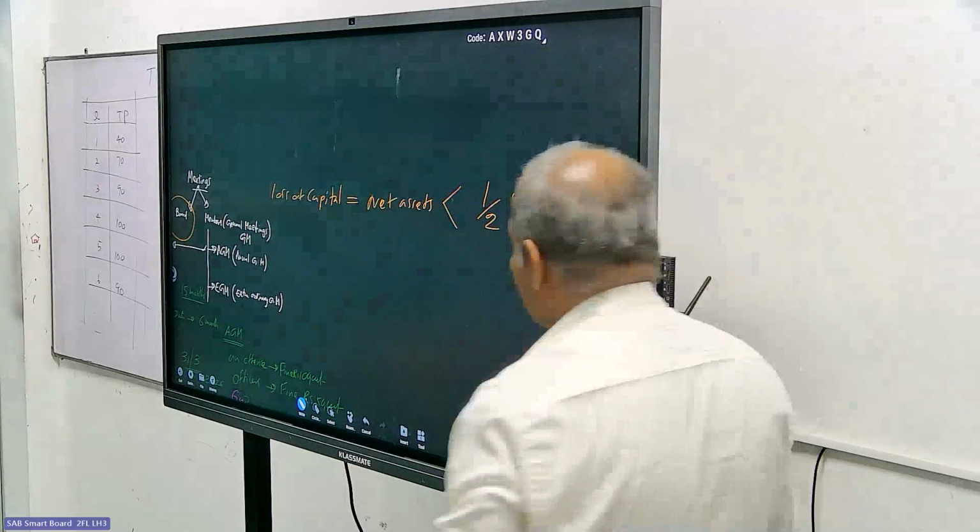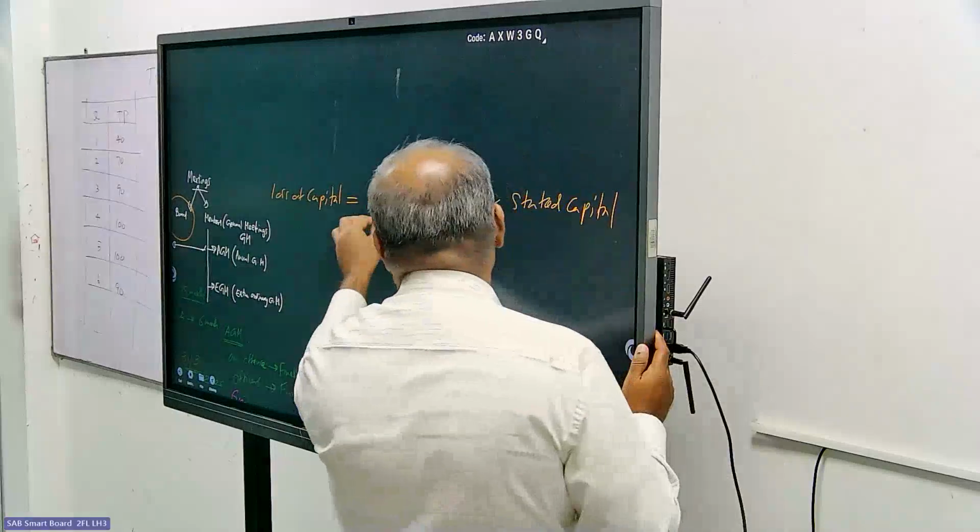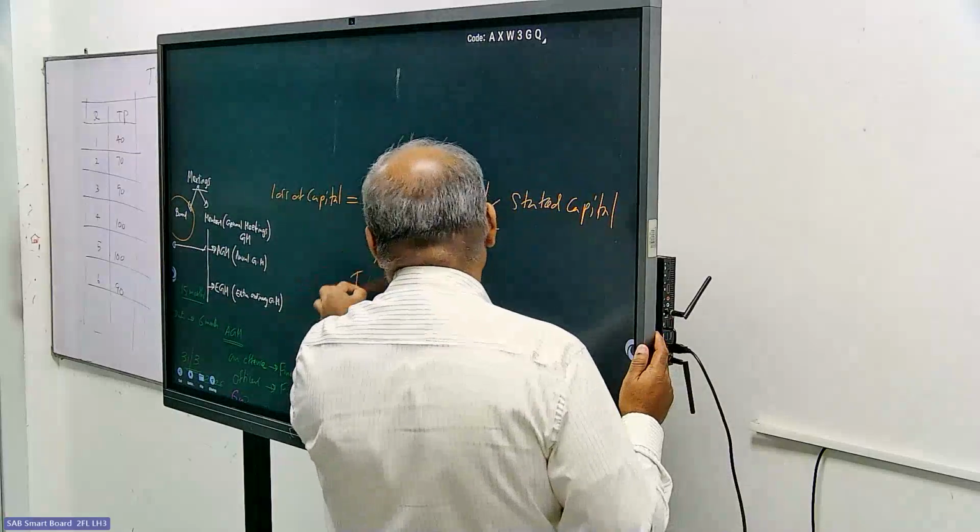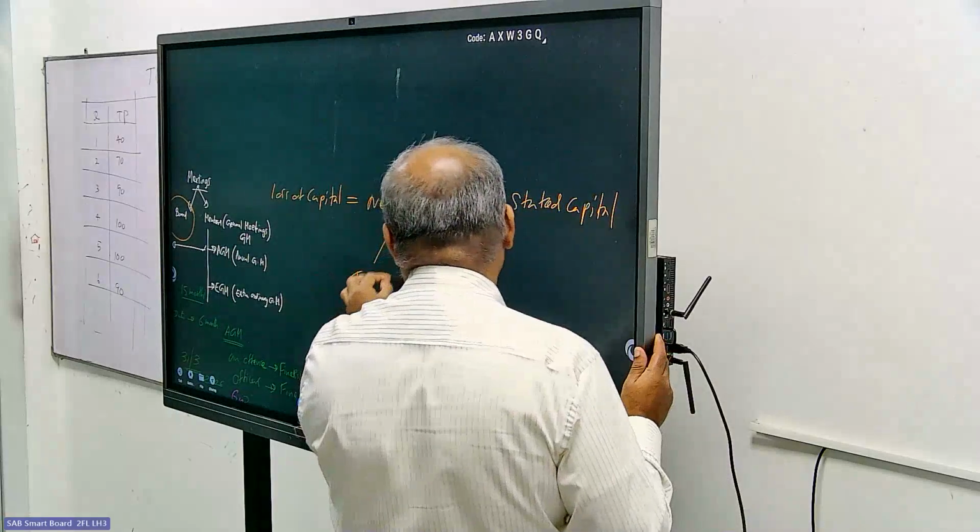Net assets means total assets less liabilities.